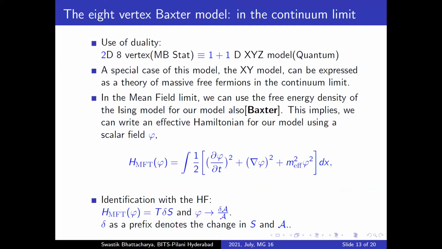I will just very briefly mention this. The model that I have talked about is equivalent to a 1 plus 1 dimensional quantum XYZ model, which also is a spin model. And typically this model is dealt with in Euclidean spacetime. For our case, we take only a special case of this model, the XY model, which can be expressed as a theory of massive free fermions in the continuum limit.